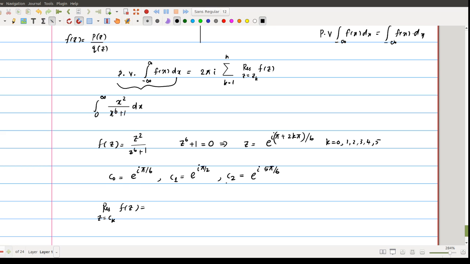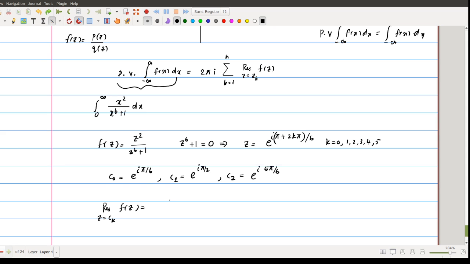So these are all simple poles, and since these are all poles, we use the formula to evaluate the residue. We know that z square by z raised to 6 plus 1 is our f of z.